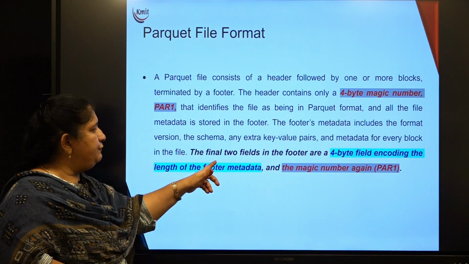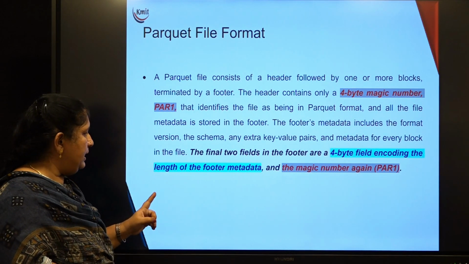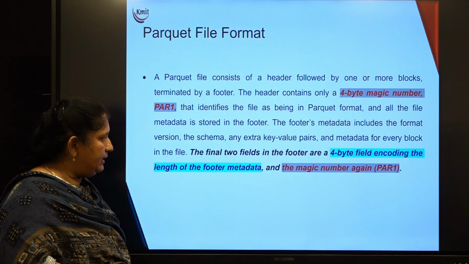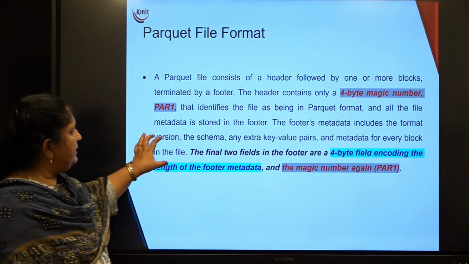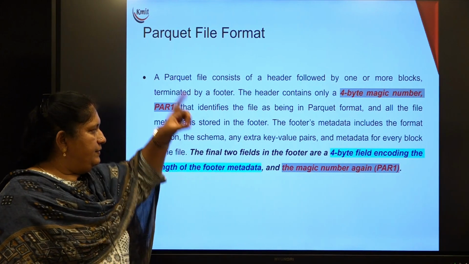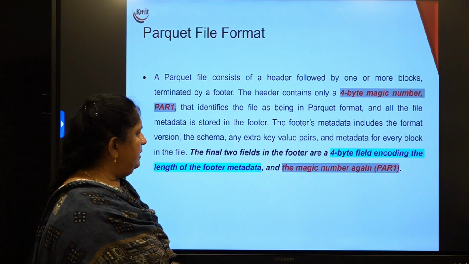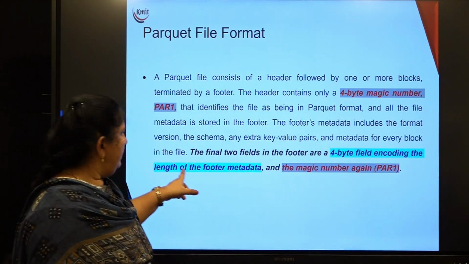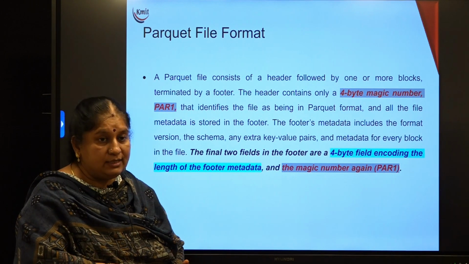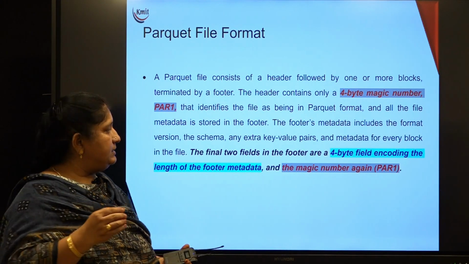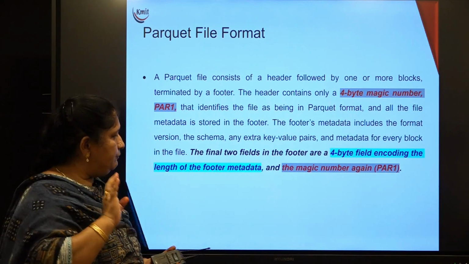The final two fields in a footer are a 4-byte field encoding the length of the footer metadata and the magic number, again PAR1. So after writing everything in the footer, what are the final two fields we are writing? One is a 4-byte field encoding the length of the footer metadata, which says what length of metadata I have written in the footer.